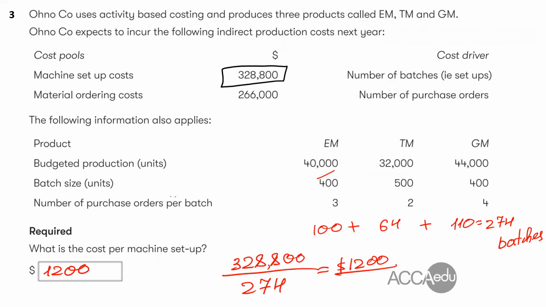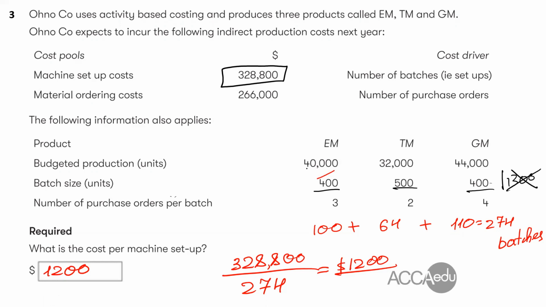It depends on the number of batches. As you can see, 400, 500, 400. They divide this by a total of, let's say, 1,300, which is incorrect because this is batch size, which means one batch comprises 400 units.